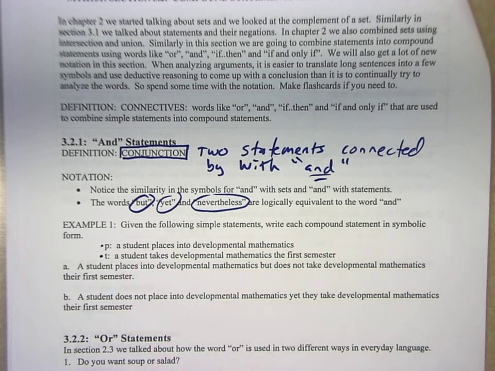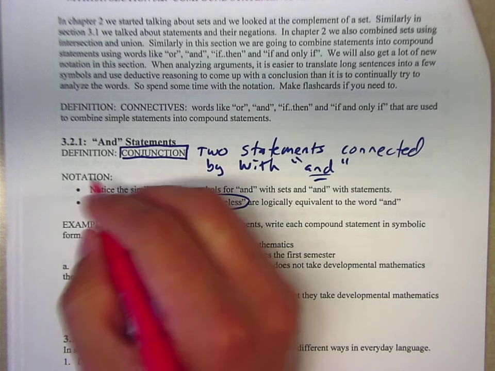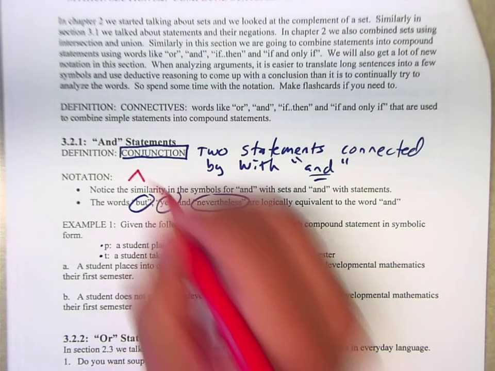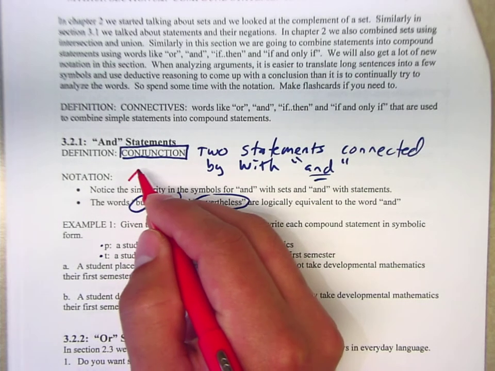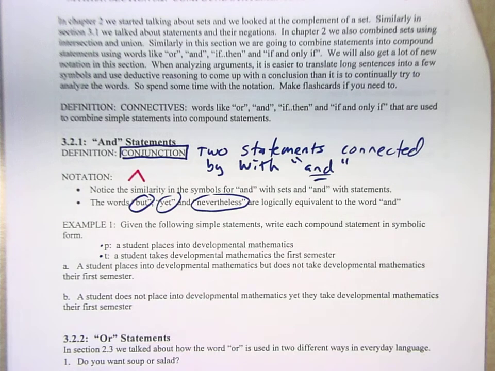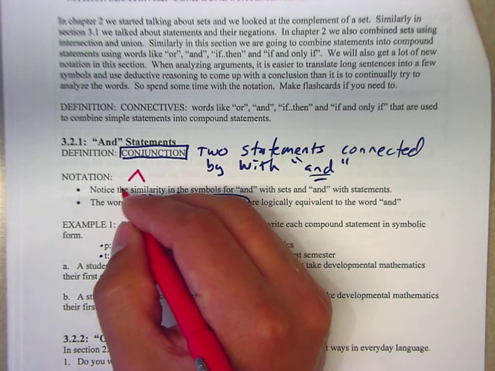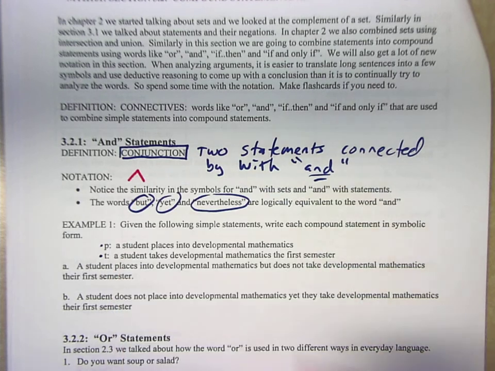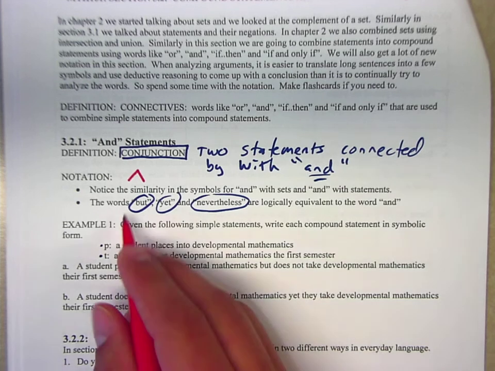Because we're not going to write out all these sentences, we're going to use symbols. The notation for and is this upside down V or a caret. So when you see this symbol, just remember that it means and. And when you're translating, this is how you would do it.